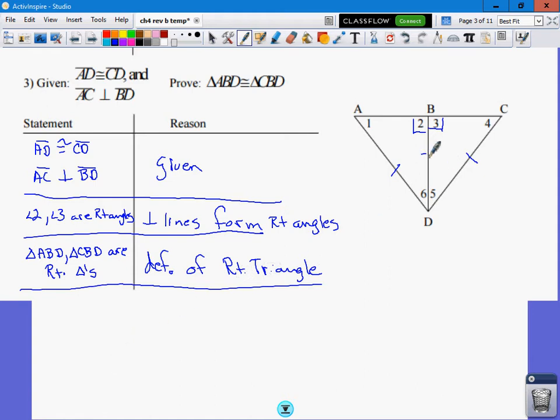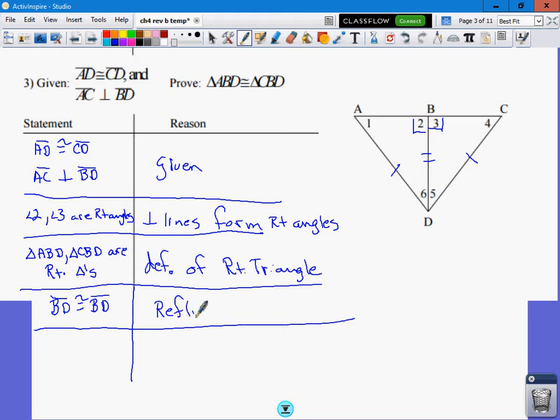I can see that BD is congruent to itself. It's shared in both of those. Since segment BD is congruent to segment BD, that's the reflexive property.